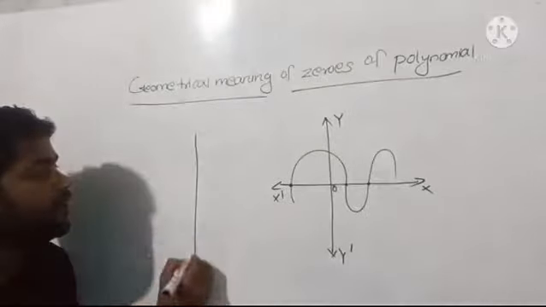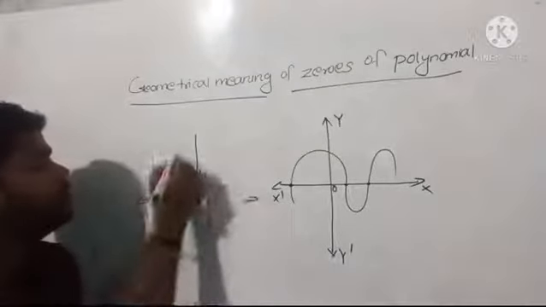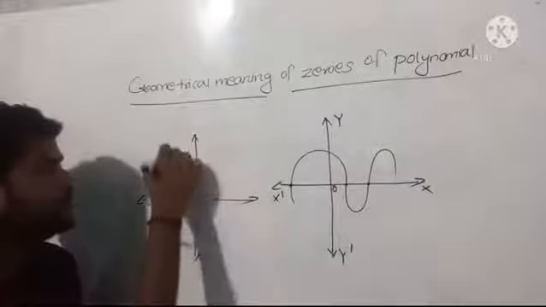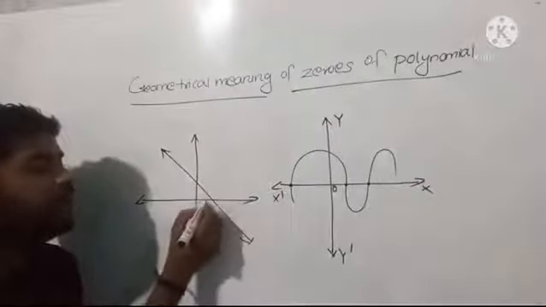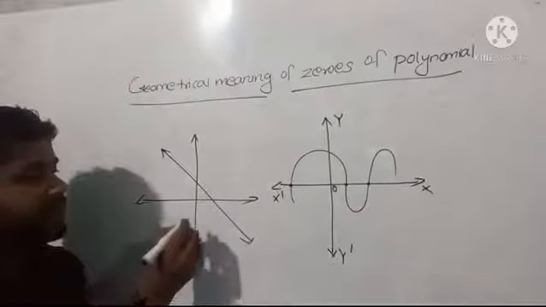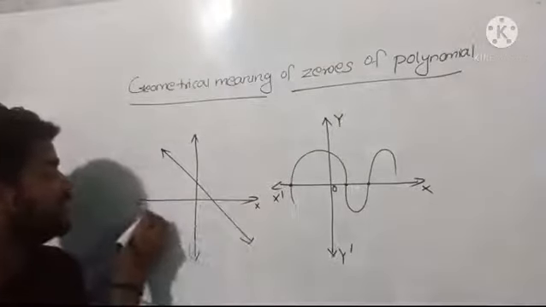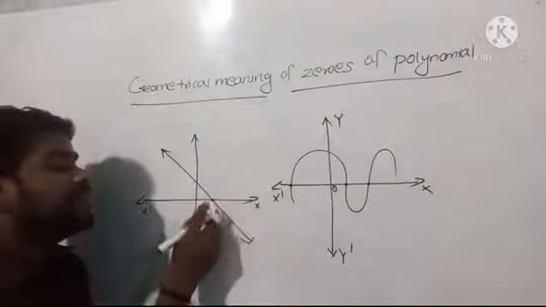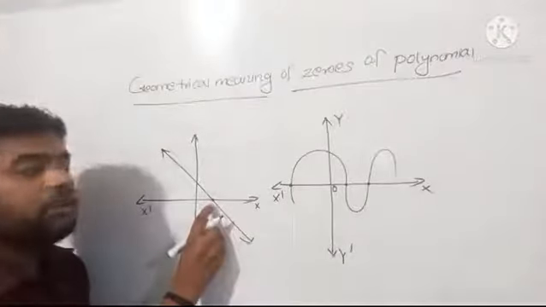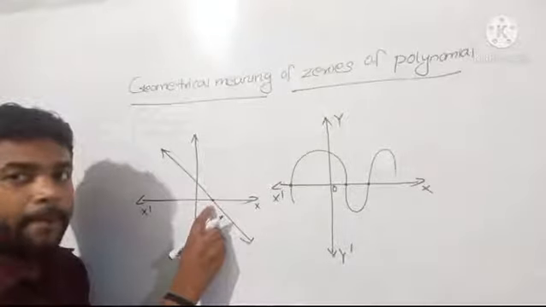By taking another example, suppose it is a straight line. Then how many points intersect on the x-axis? This is the x-axis, x dash. It intersects the x-axis at 1 point. So the number of zeros is 1.